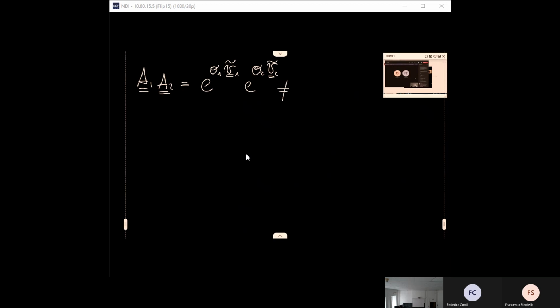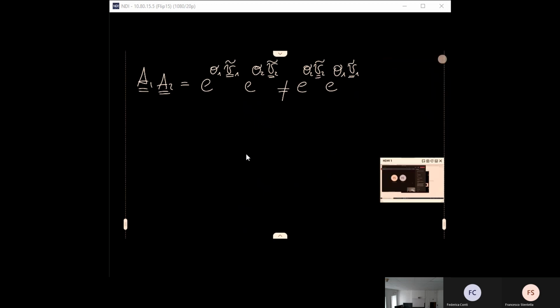This is different from writing e to the theta 2 V2 applied over e to the theta 1 V1, which would be exactly A2 applied over A1.